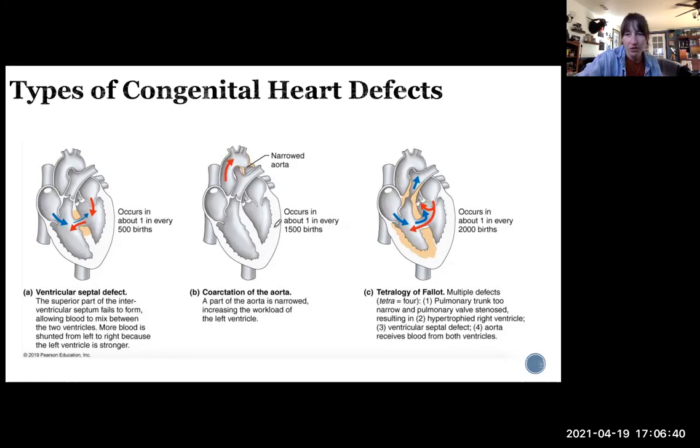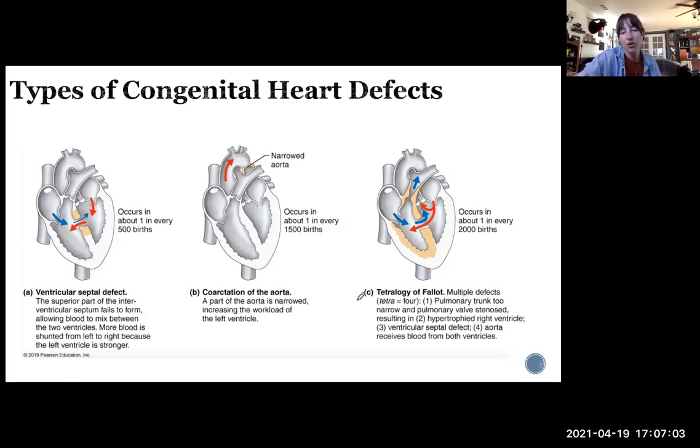So there's a balance here. You want to have a nice, strong ventricle, but you don't want to be putting too much pressure on it to get too strong. Otherwise, that myocardium gets so thick that you actually start losing capacity inside of the ventricle itself, which is a bummer, right? So narrowed aorta, coarctation of the aorta.